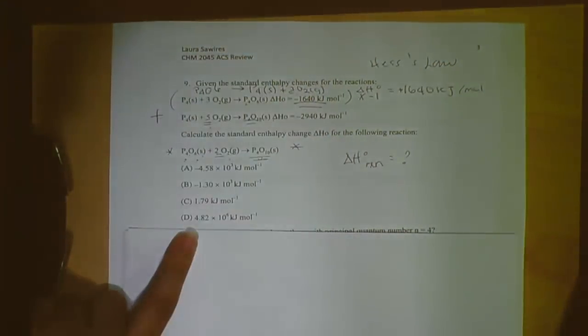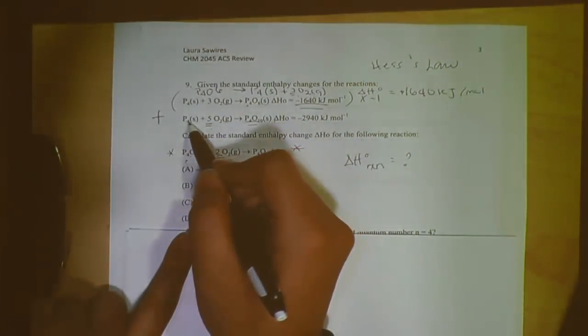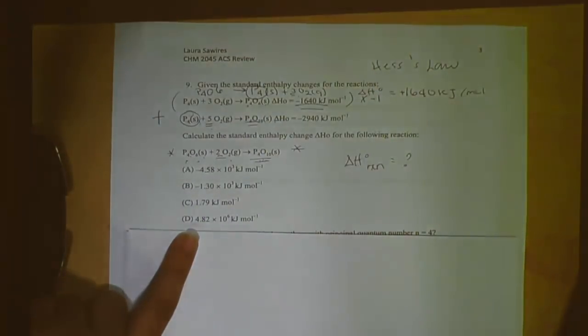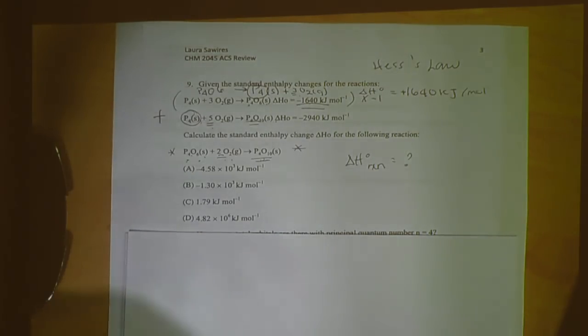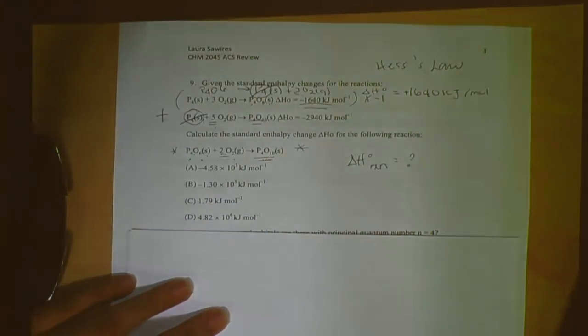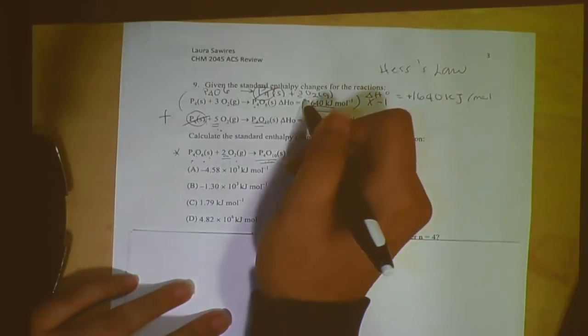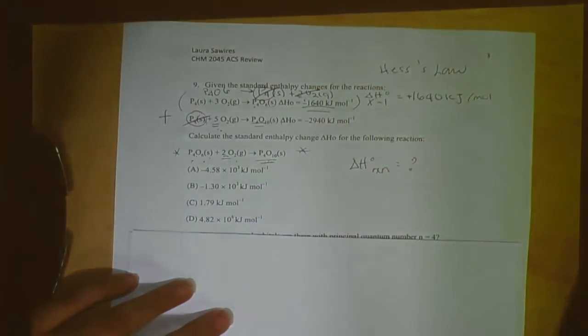So if you end up adding both equations up, you're going to have P4 here on the reagent side and a P4 on the product side. Because one is on one side of the arrow, one's on the reagent, and one's on the product, the opposite, they cancel out. The 5O2 that I have here and the 3O2, it's going to cancel the 3O2 out, and 5 minus 3 gives you 2. So I'm left with 2O2.